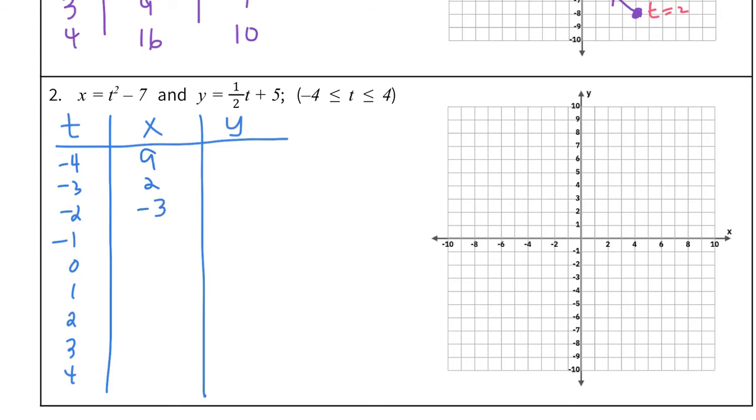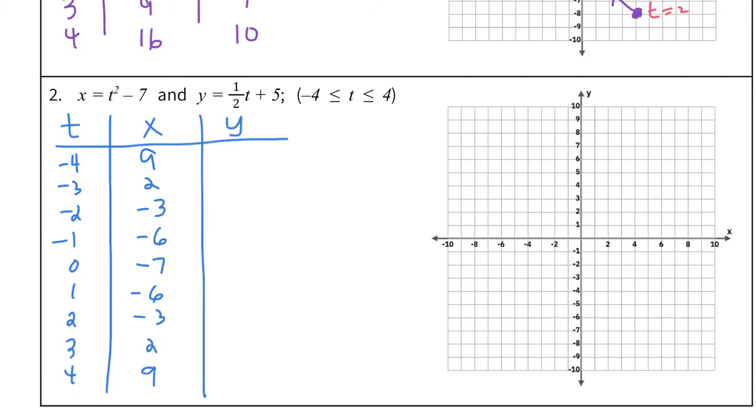That would be 1 minus 7, -6. 0 minus 7 is -7. And then I think it's just going to reflect. Oh, I'm skipping a number. -6, -3, 2, 9.